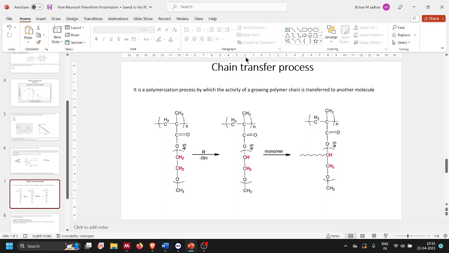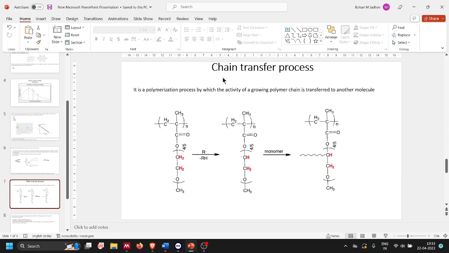So the chain transfer process is a process by which the average molecular weight of a polymer might reduce. Why? Because during a chain transfer event, you are basically giving away the activity of a polymer chain onto the other. So you are halting its monomer addition, that is nothing but your polymerization reaction for that chain.